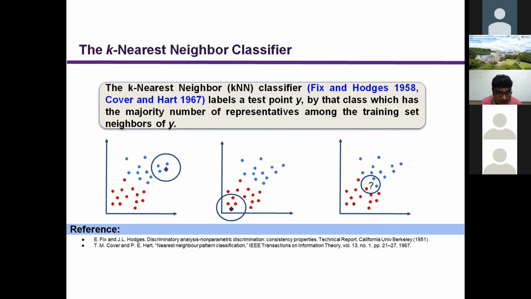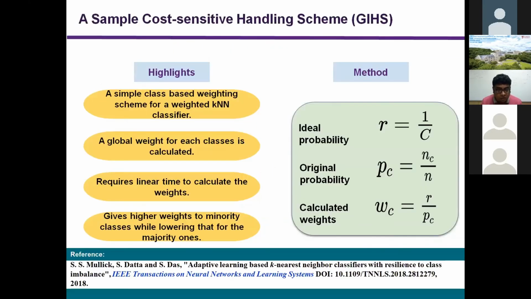In a multi-class class imbalance scenario, we propose a very simple weighting scheme which could equip k-nearest neighbor with a class imbalance handling mechanism. If there are, let's say, 3 classes, the ideal probability of getting a point from each class is 1/3. So for C classes, it is R = 1/C.